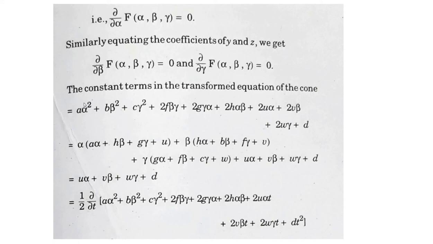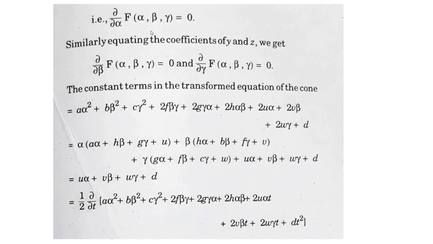Now there is this constant term. To be homogeneous, the constant term should also not be there. So we consider only this constant term, and we have to equate it to 0. Now we simplify it further, stage by stage. So this is what you get. And this is already a alpha plus h beta plus g gamma a, written like this, so we can make use of the previous one.